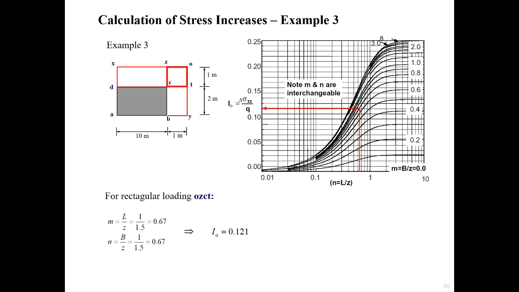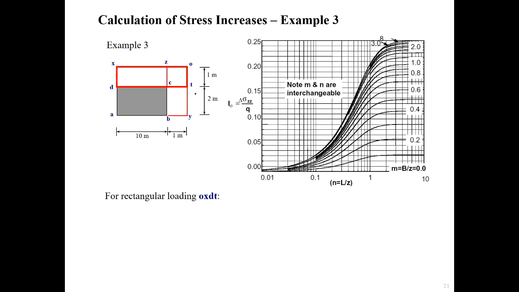From this chart, we are able to take the value of 0.121. Here there's a log scale, so 0.2, 0.3, 4, 5, 6, that's where 0.67 is. Again, N sigma times Q gives you sigma ZZ for this small rectangular loading.